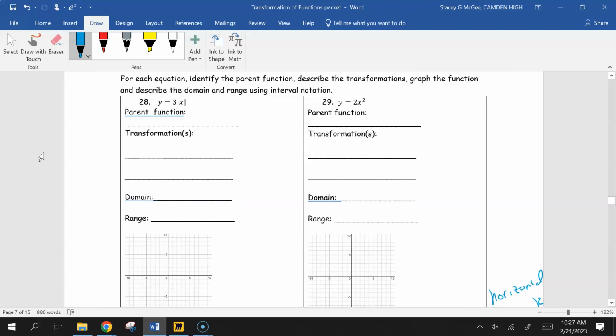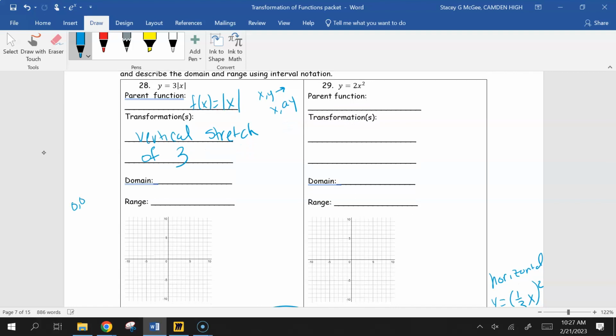28. Parent function, of course, is absolute value of x. Vertical or horizontal? How do you know? Numbers on the outside, it's vertical. Shrink or stretch? Stretch, that's right. Of what? 3. Again, because it's vertical, I take every point and I multiply every y. I leave x alone and I multiply every y by that number that's in front.